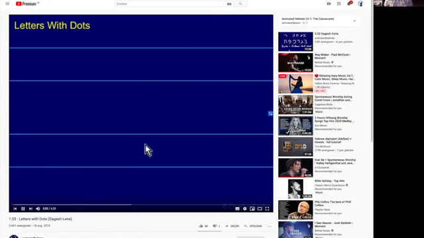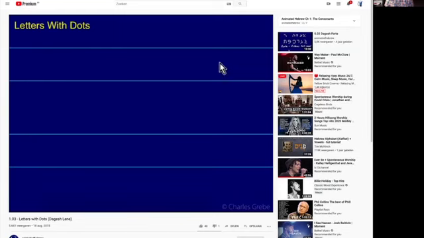Letters with dots. There are 6 letters in the Hebrew alphabet that can take a special dot. And these are sometimes called the Bagad Kafat letters, which is a mnemonic to help you remember which letters they are. So let's write them down here.